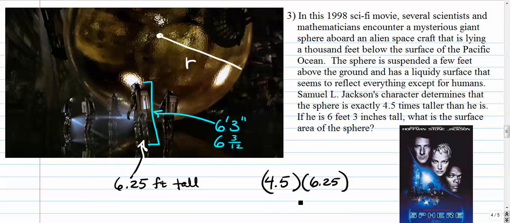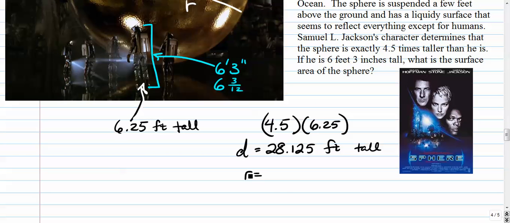If you multiply that out, you get that the sphere is 28.125 feet tall. Well, what does it mean for a sphere to be 28.125 feet tall? That means that that's the diameter of the sphere. Well, we don't want the diameter, we want the radius, so you need to cut that in half.